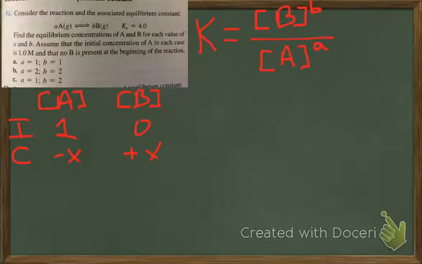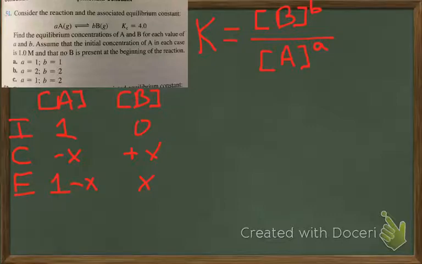Okay? Now, to finish off my little ICE chart here. The concentration of A is going to end at what? 1 minus X. And then the concentration of B at equilibrium is going to be X. Okay?